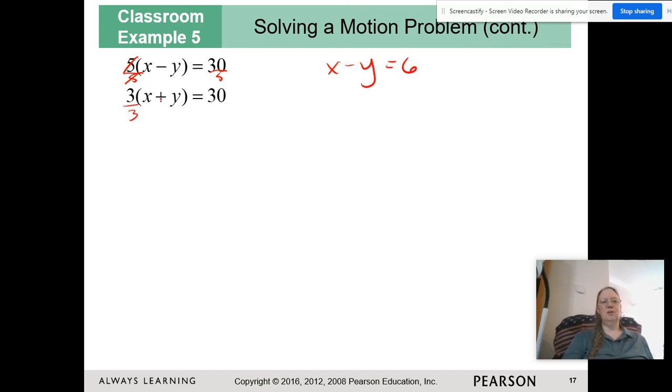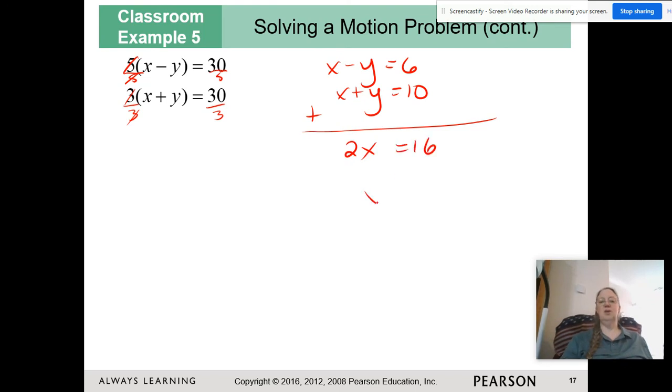Can do the same thing with the 30. You can't always do this. You just have to check to see if the numbers go in evenly. And by doing that, then it's already set up for elimination. We have 2x is equal to 16, or x is equal to 8.